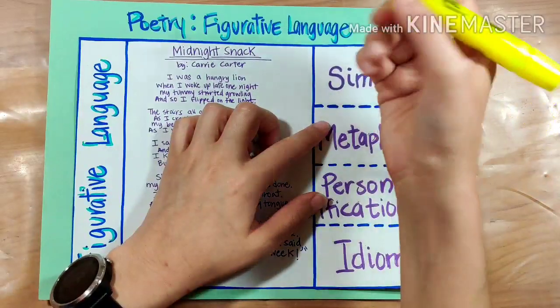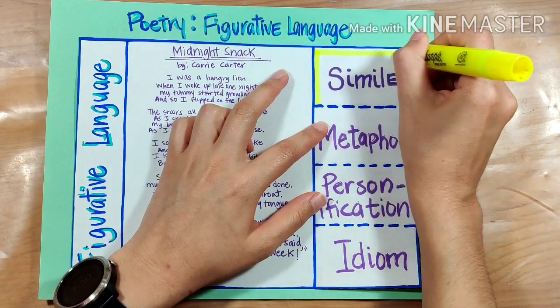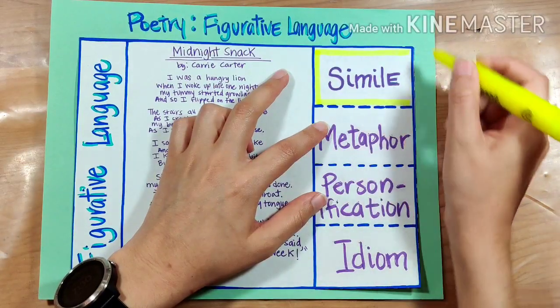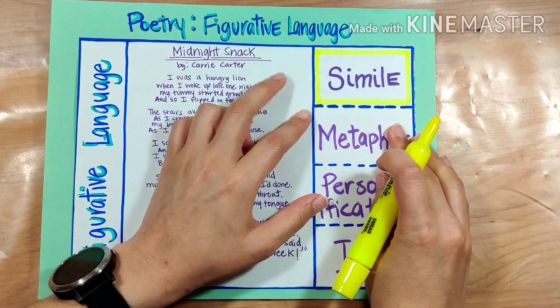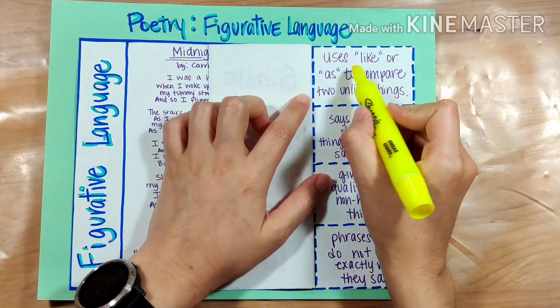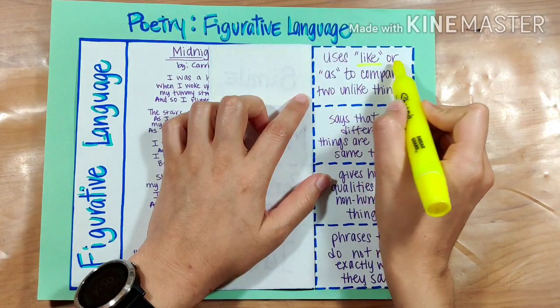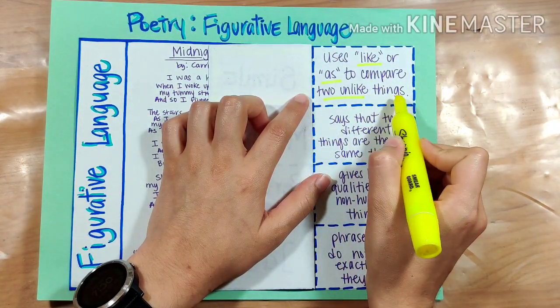Now for this one, we're going to do our color coding that we've been doing with our past videos, and in this case we're going to use our highlighter yellow to describe what a simile is. And in our definition, it says that a simile uses like or as to compare two unlike things.